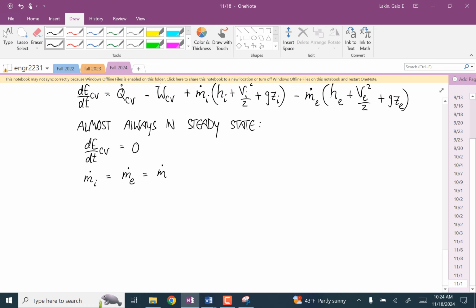lists that are important to remember for this, sort of keywords you can think about. The first one is Q dot is equal to 0 if any of these hold.